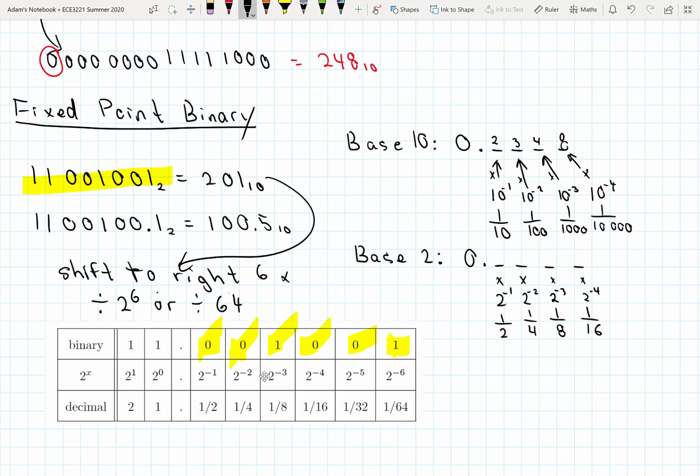So my original value, 201 divided by 64, is equal to 3.140625.